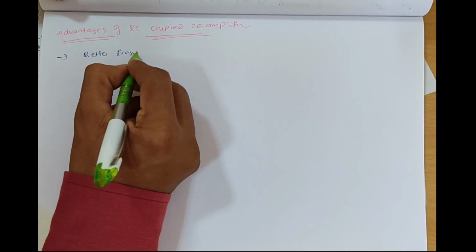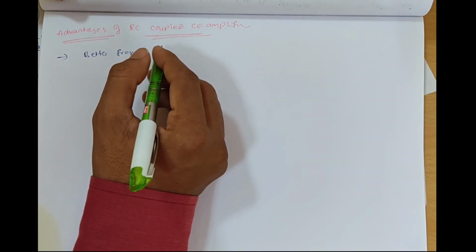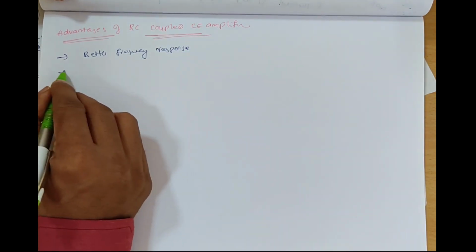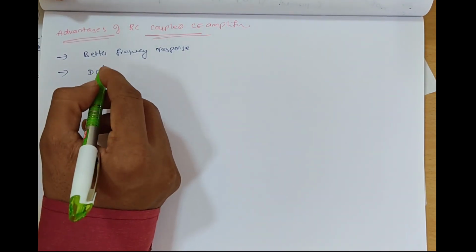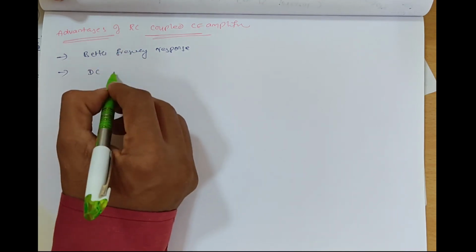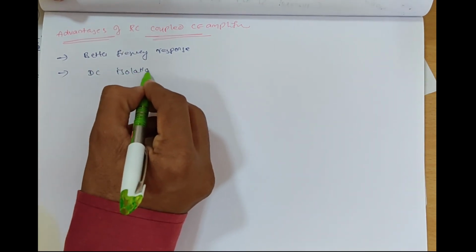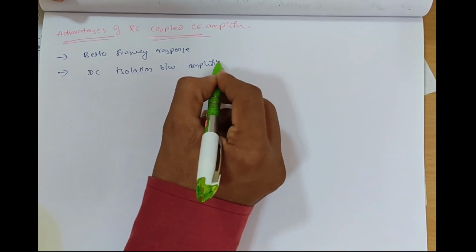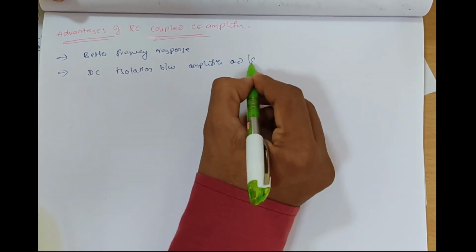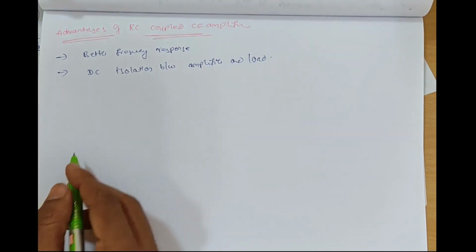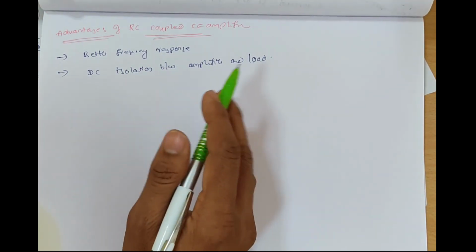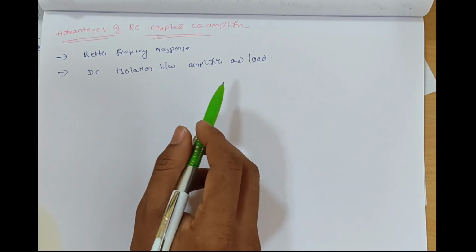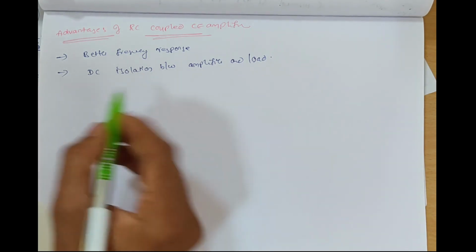The frequency response of the RC coupled CE amplifier is better compared to all other amplifiers, and here we are using a capacitor, so it provides DC isolation between the amplifier and load. Since we are using the coupling capacitor at the collector, that capacitor is used for DC isolation.